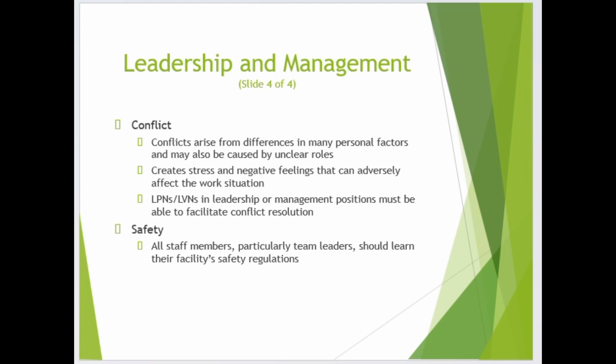Conflict arises from differences in many personal factors and may also be caused by unclear roles. So once again, those 5 rights. Right communication. If you're delegating to people, you have to make sure everybody knows what they're going to be doing.